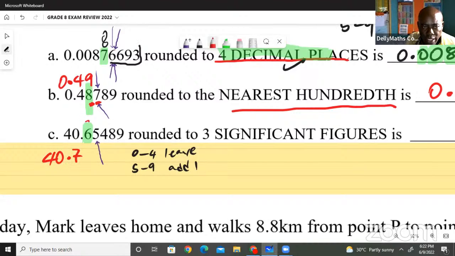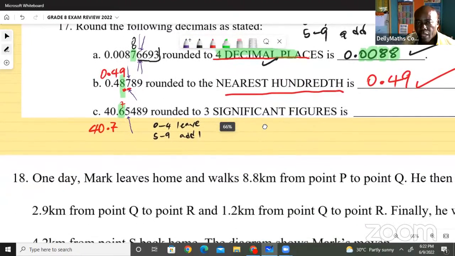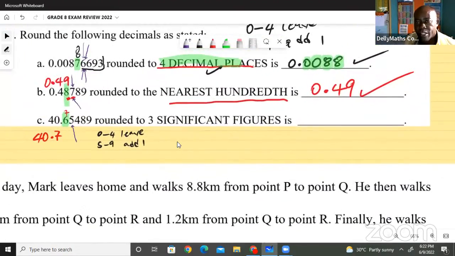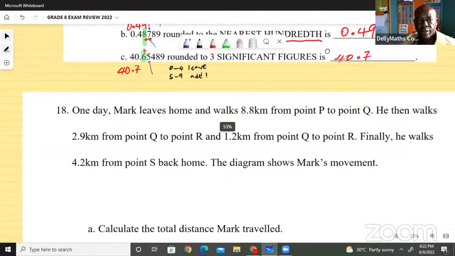So we're going to add 1 to that spot and change it to 7. So we are rounding up right now, 40.7. Check it out. So I'm going to put the response over here, 40.7. Very good. Very, very good. There it is.